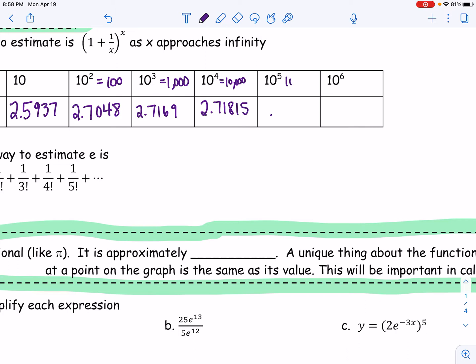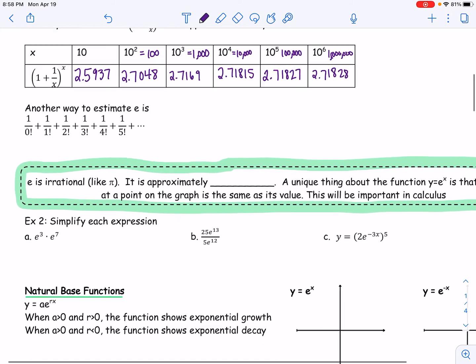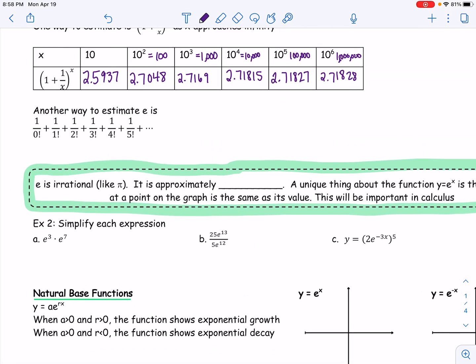If I plugged in 100,000, then I would get 2.71827. And if I plugged in 10 to the 6th, which is a million, we would get 2.71828.